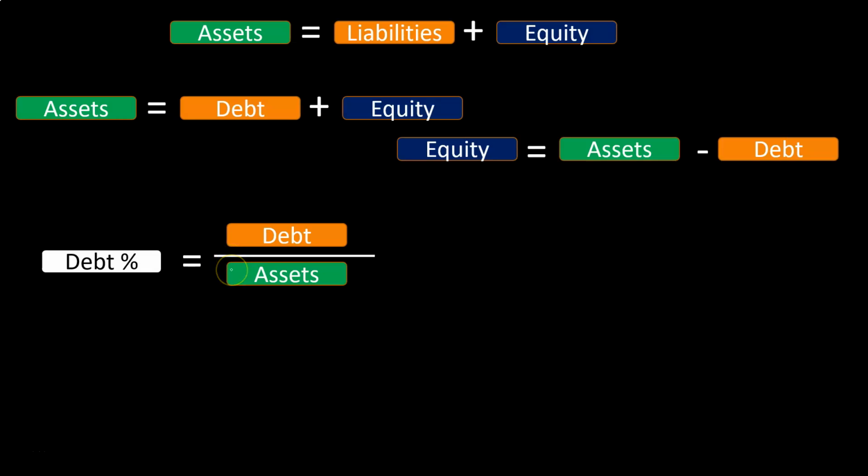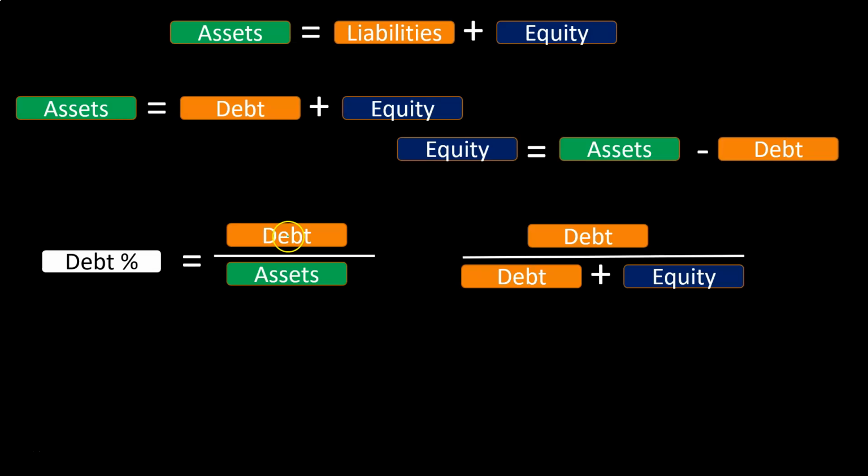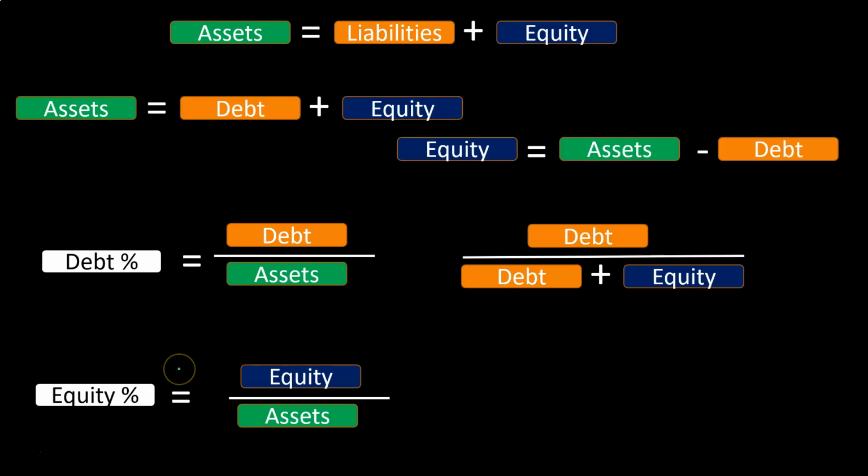Notice that the assets down here, we showed that assets are equal to debt plus equity. So I can rewrite this as debt over debt plus equity. Debt over assets is equivalent to saying debt over debt plus equity, because debt plus equity is equivalent to the assets. And then over here, we can say the equity percent.